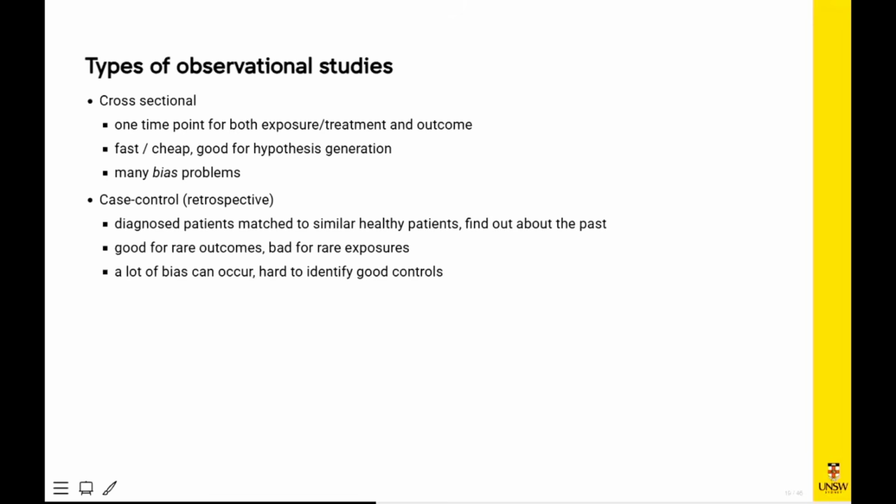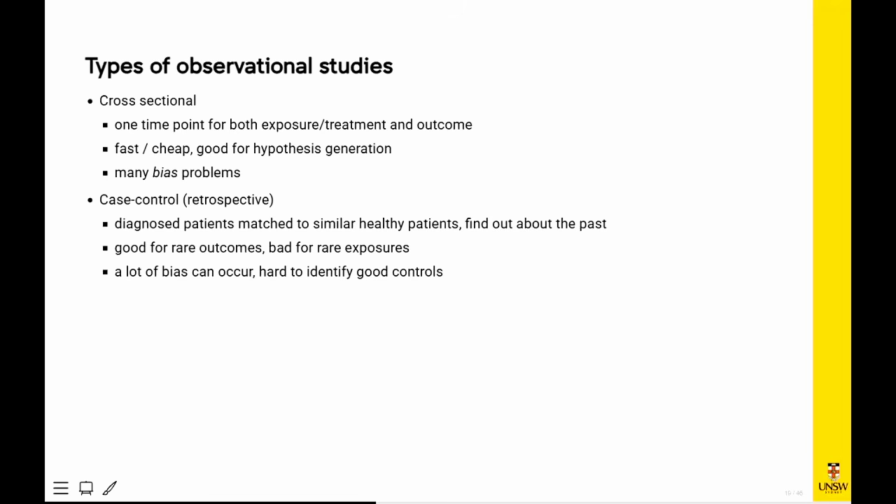And then you can look back in their history. It could be medical history, demographics, all of those types of things, and see associations with their exposures and whether they are a case or control.